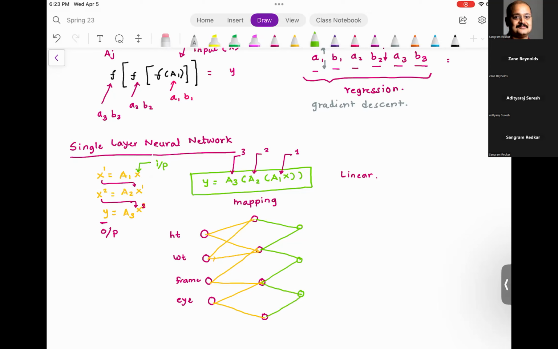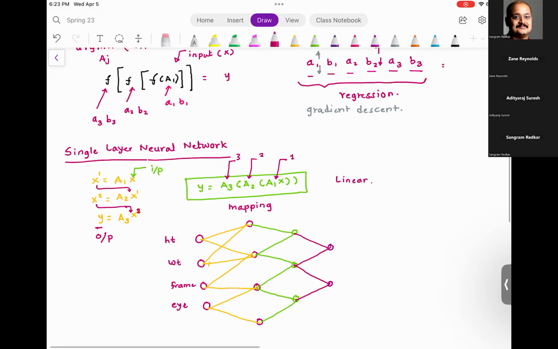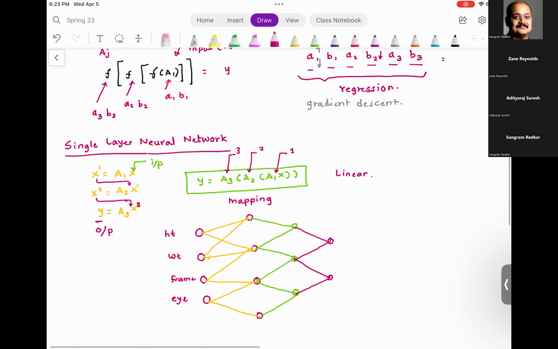And then finally, you are going to have some type of output, something like team A and team B. So you are going to make these connections.